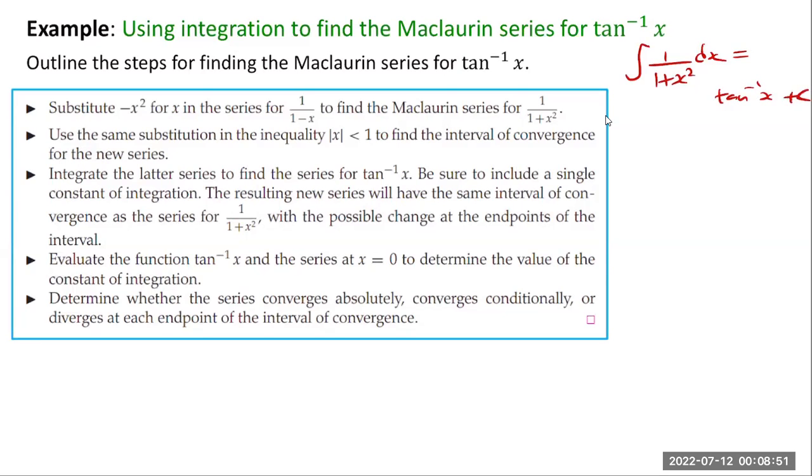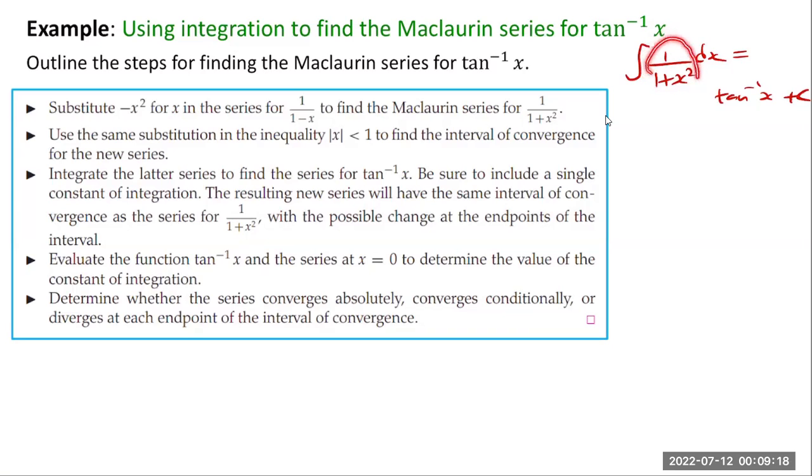That means if I have a way to find the Maclaurin series for 1 over 1 plus x squared, then I can put that series here and integrate it using the theorem that we discussed previously in this section. So that's the idea. If you can find the Maclaurin series for this function, then we are almost done.